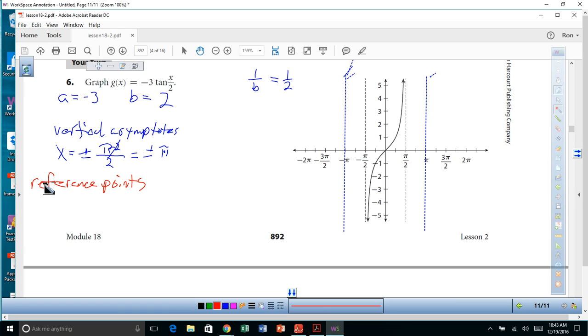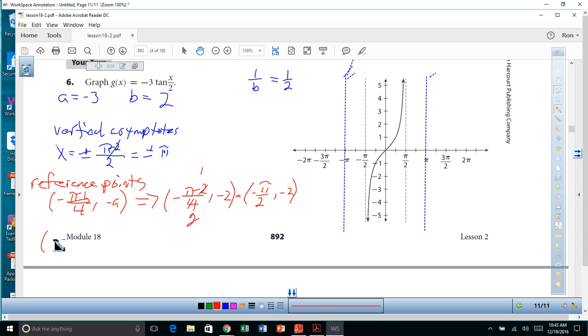So our reference points are going to be negative pi b over 4, and then negative a. And so that's going to become negative pi, b is 2, so we got 2 over 4, and then negative 2. So that's going to be negative pi over 2 and negative 2, right?